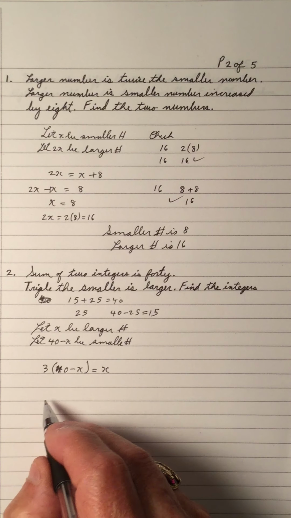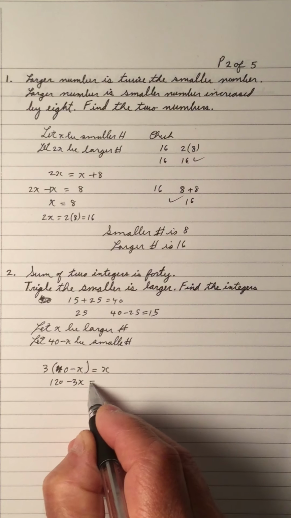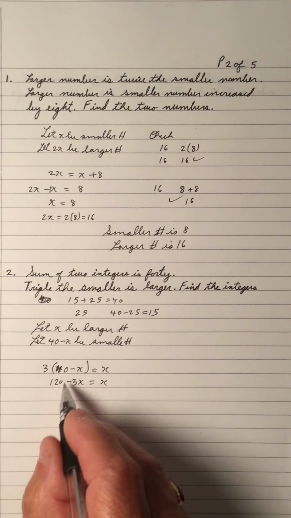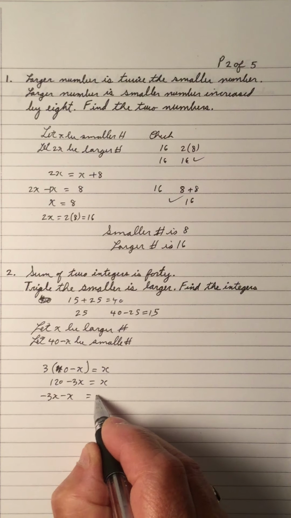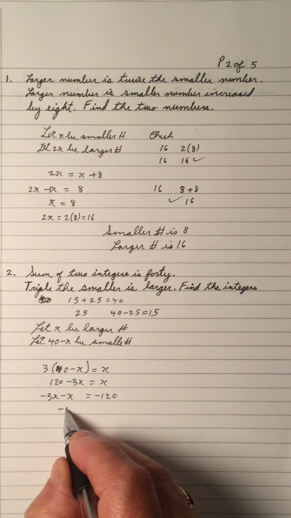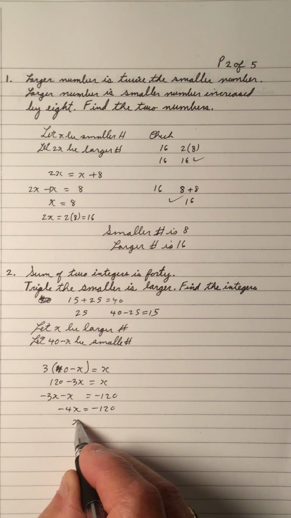So that gives us 120 minus 3x equals x. We have to remove the brackets first. The variables go to the left and the numbers go to the right. Negative 3x minus x is negative 4x equals negative 120.